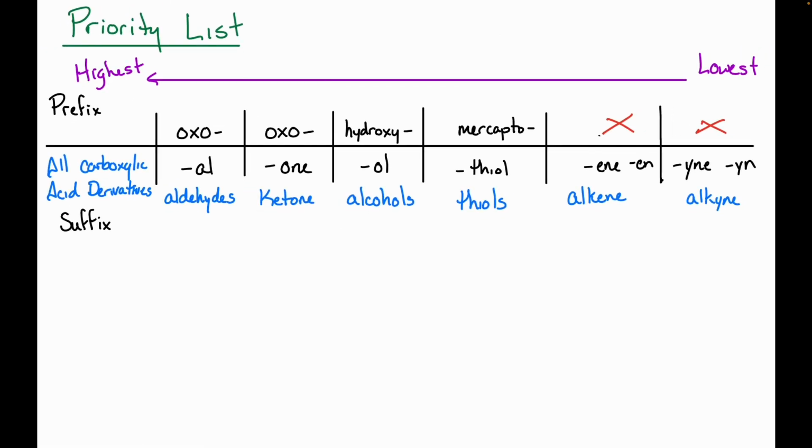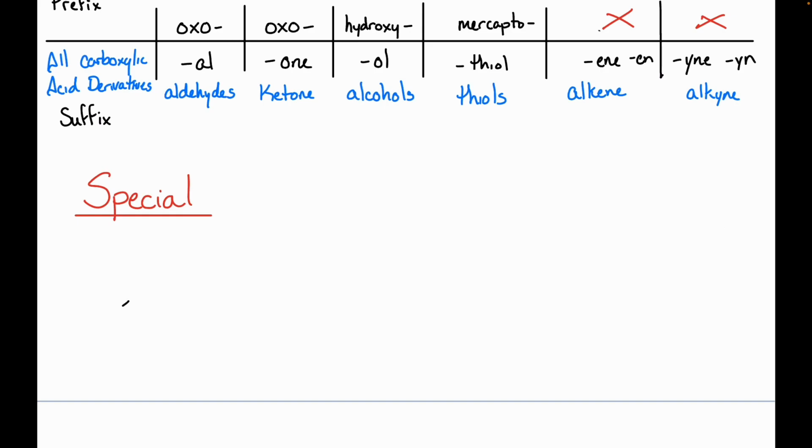The other thing that we want to do to finish this off is to take a look at the special names. So what do I mean by that? Remember, for our carboxylic acid, we said that a 2-carbon carboxylic acid is not ethanoic acid, but has what name? Acetic acid.